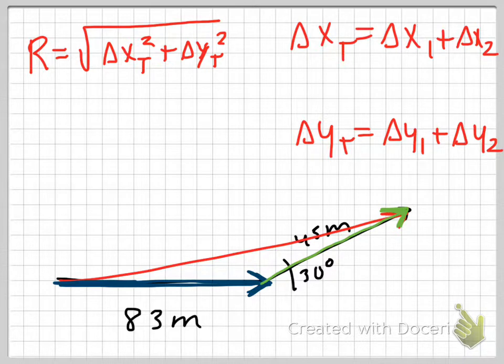So I've got, and I typically put in something like, well, D1, and then all my calculations for that first leg, I'm going to box up in that color. So for D1, I've got delta x1 equals what?